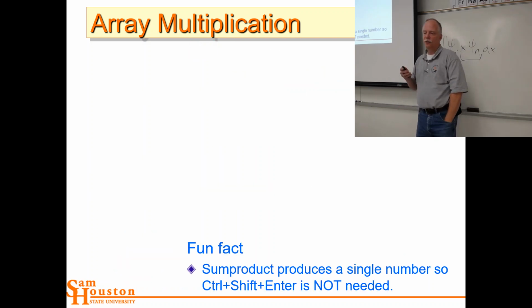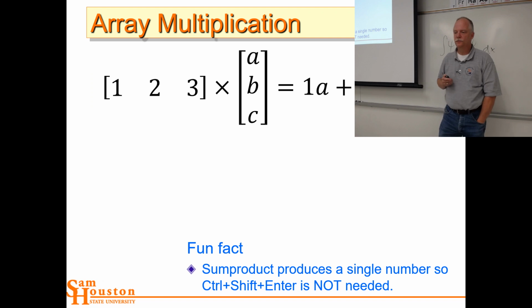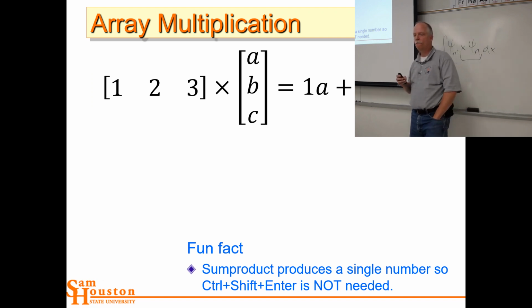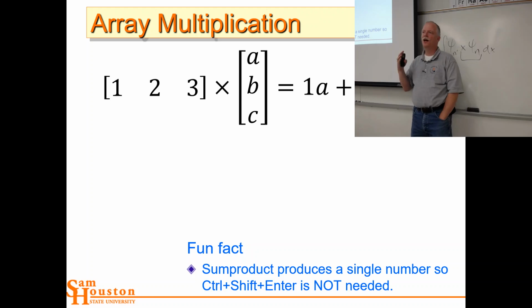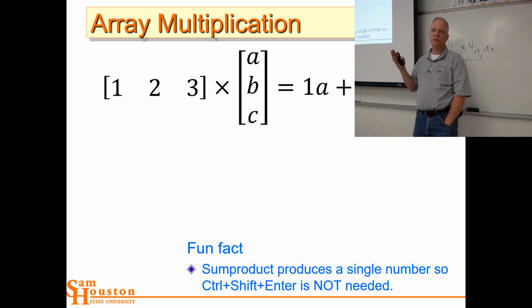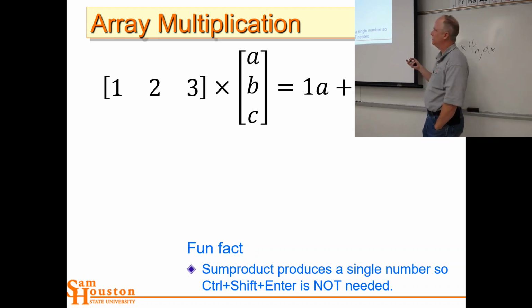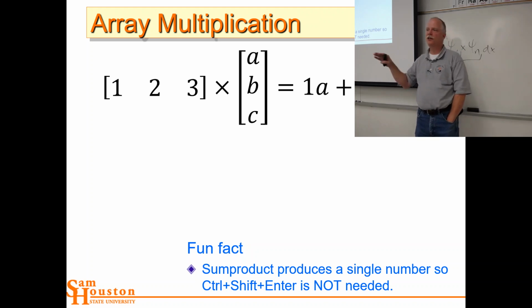Okay, so let's talk about array multiplication. It rotates and multiplies and adds. So it does a lot of things at once whenever you're multiplying arrays. Even though mentally you could multiply a column times a column, in terms of matrix multiplication, it really needs to be a row times a column added together.